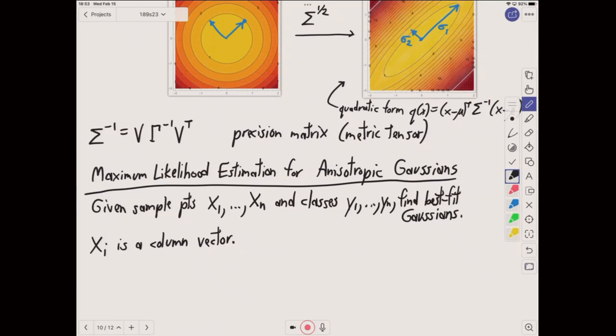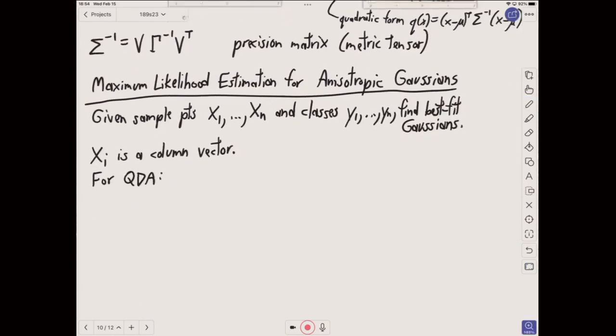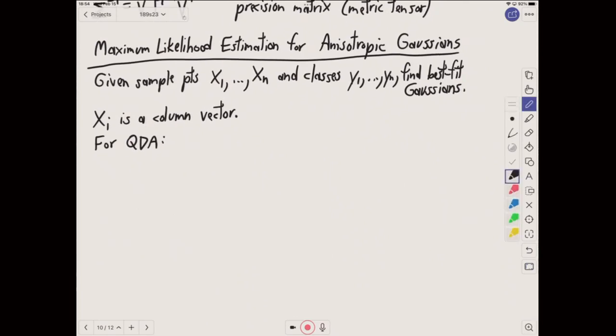All right, so last Wednesday for the isotropic case, I actually went through and derived the answer for you. I'm not going to do that again this time. I'm just going to tell you the answer. For QDA, if you go through the derivation, then you will get the following approximation to the covariance matrix for class C by taking all the sample points that are in class C and doing the following computation with them.